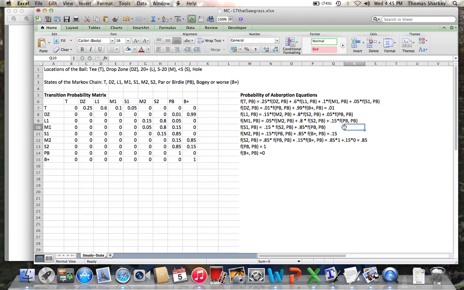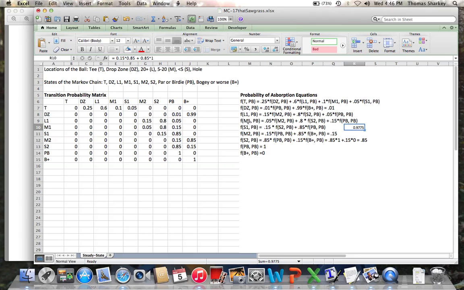So this is going to be equal to 0.15 times 0.85 plus 0.85 times 1. And that is, I forgot a point, so we have a pretty high probability of being in state S1 and making par or better.